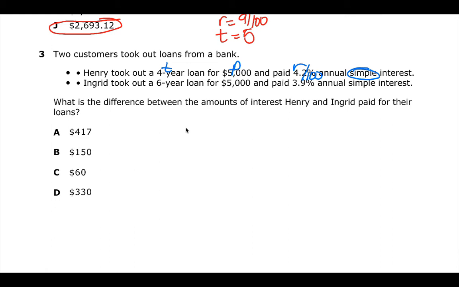Ingrid took out a 6-year loan for $5,000 and paid 3.9% annual simple interest. And time, principal, and rate again. What is the difference? Math word means minus between the amounts of interest. So just I. Henry and Ingrid paid for their loans.